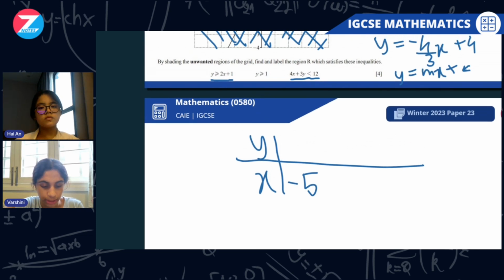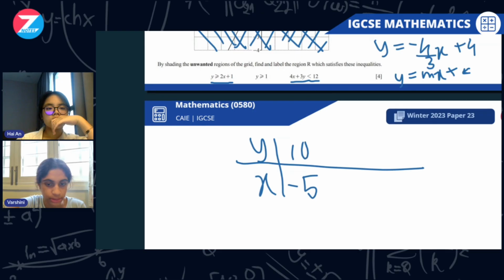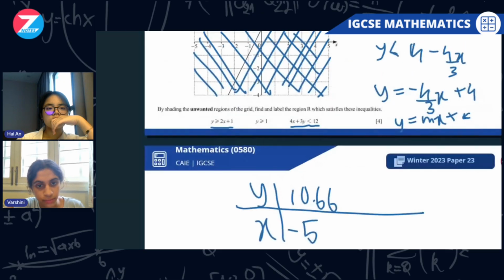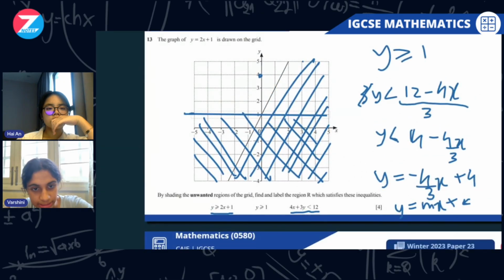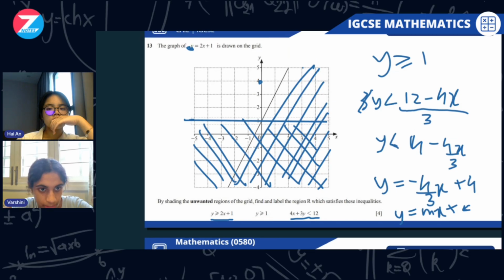If you do that on your calculator, that's going to be 10.66 something. If we look over here, 10.66 isn't on the graph. It's going to be somewhere up here, but way up.